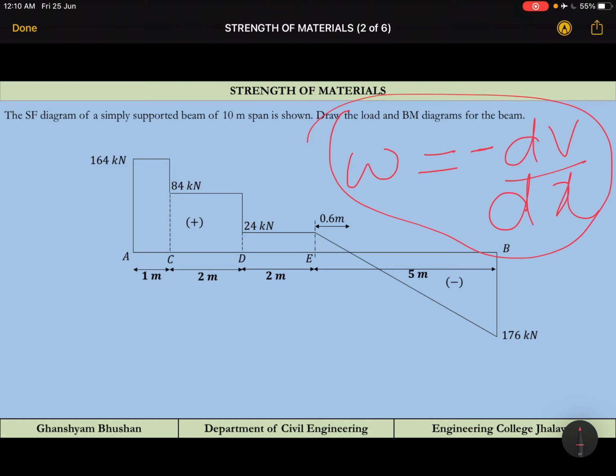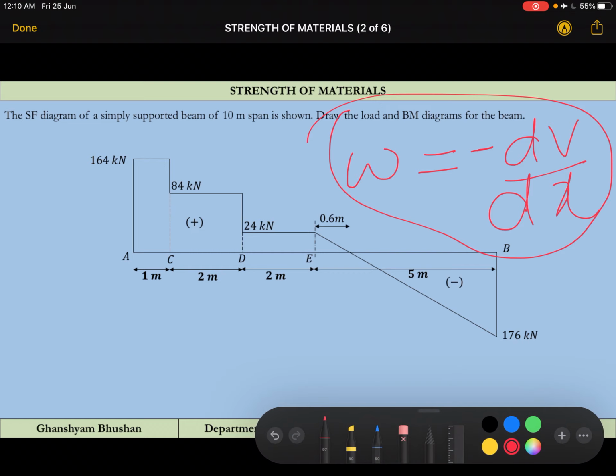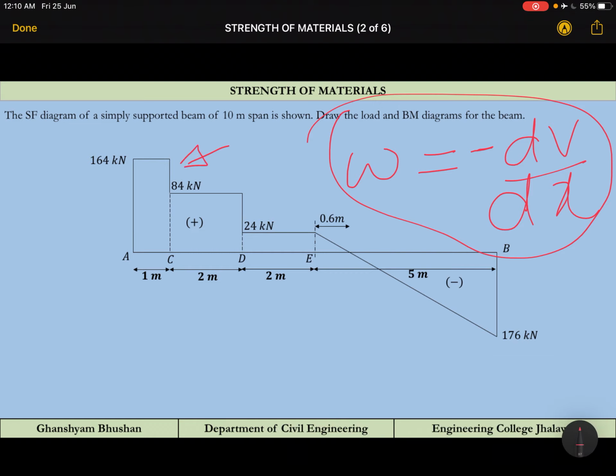If there is a jump in the shear force diagram, you can see a sudden jump here, here also, and here also. What does this jump indicate? That some kind of concentrated load is acting here.